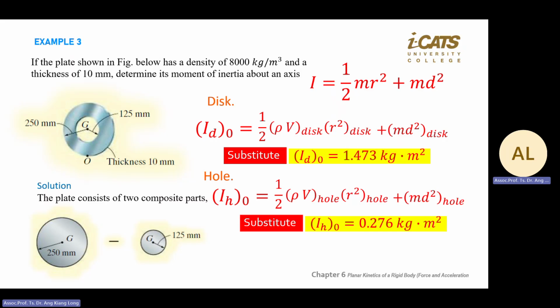Rho is 8,000. V is 2 pi r square. R is 0.28 square.